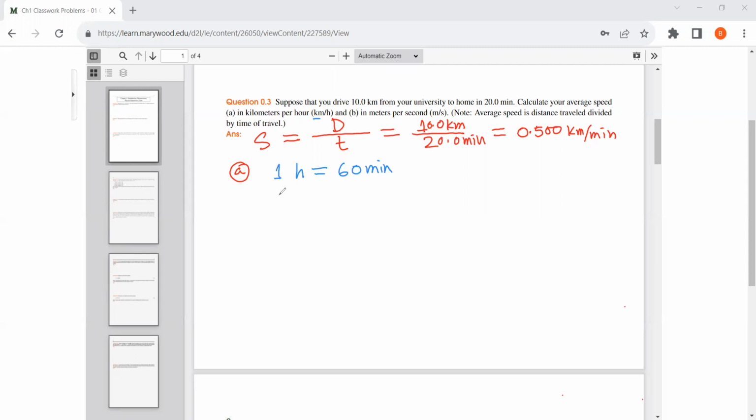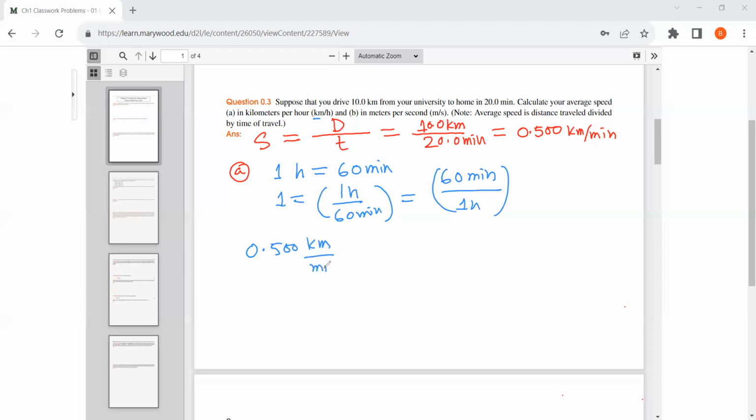The first thing we have to do is write a conversion factor, a fraction of 1, and it could be this or this. Now 0.500 kilometer per minute times 1.